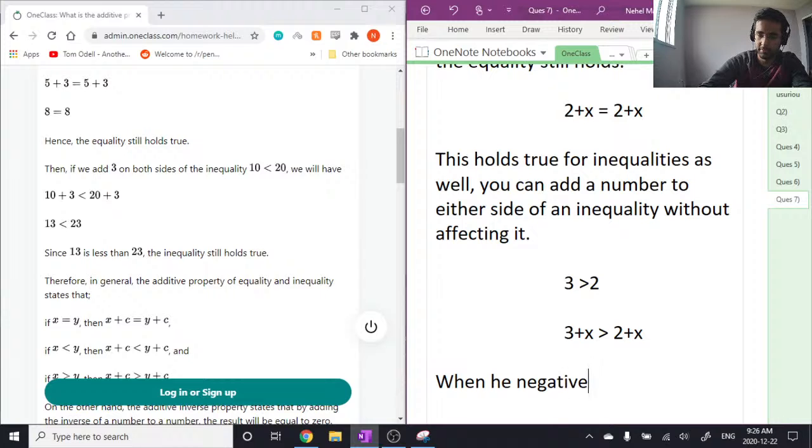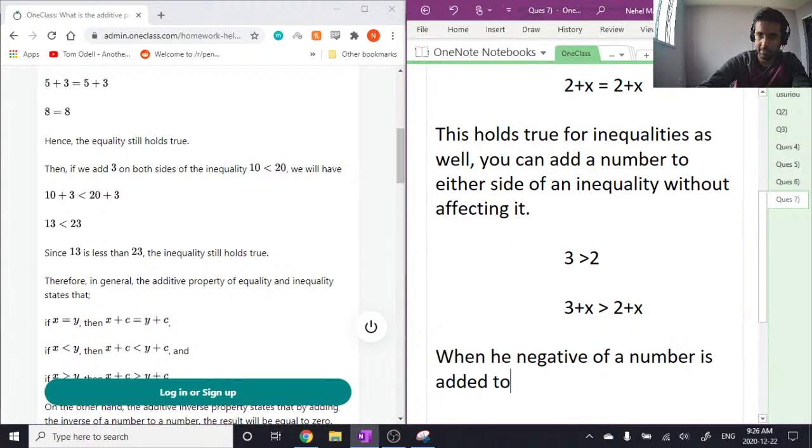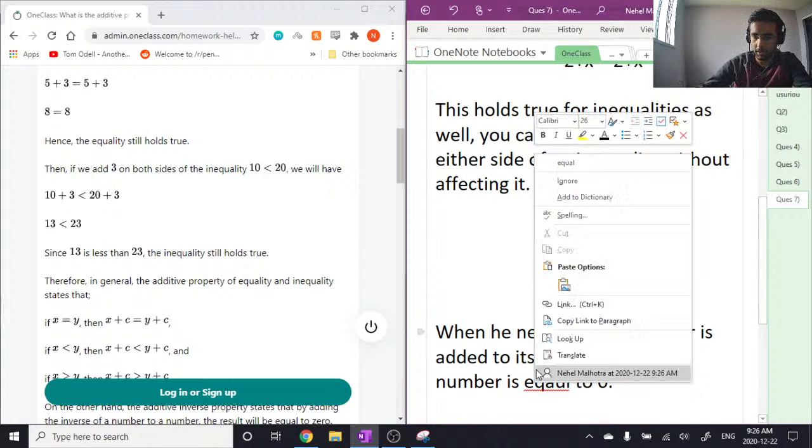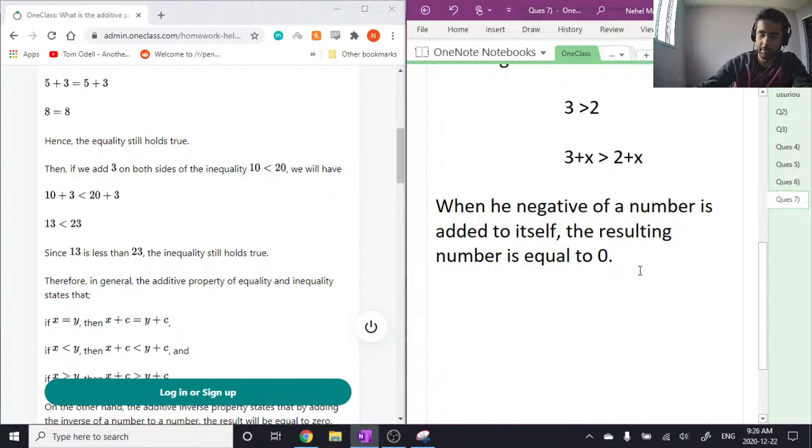So when the negative of a number is added to itself, the resulting number is equal to 0. This should again be fairly intuitive. Let's say I have 3 and then I add minus 3 to it, obviously that's 0.